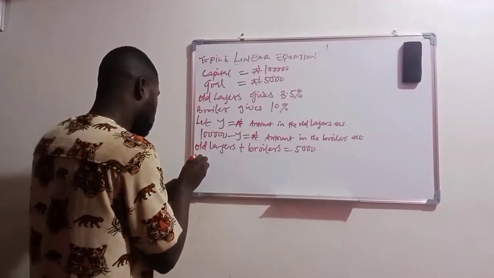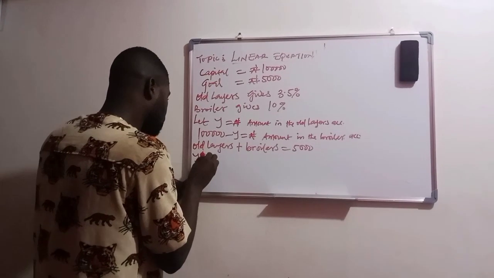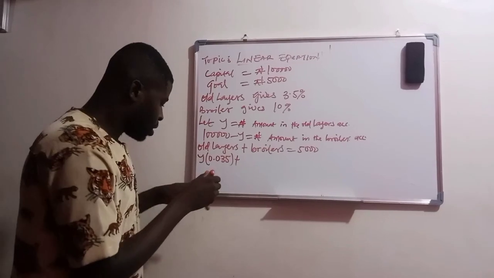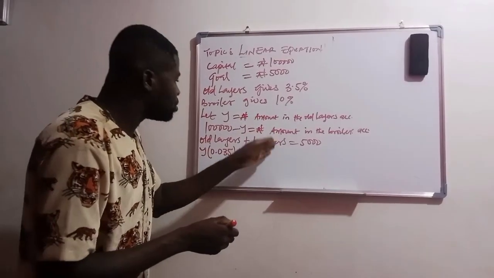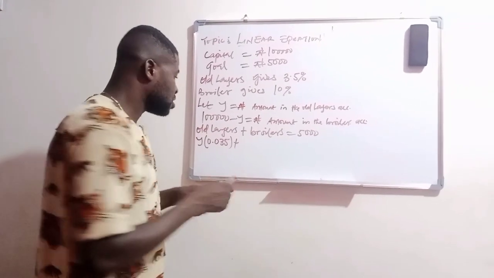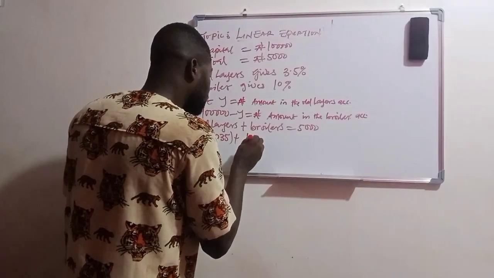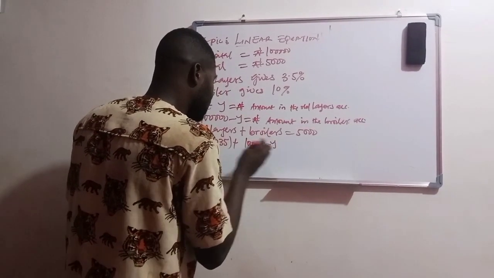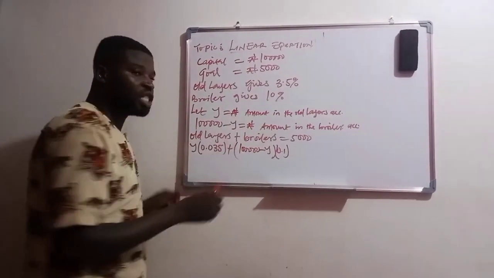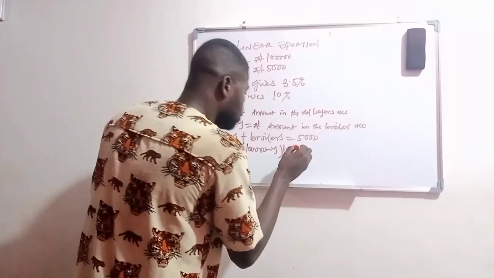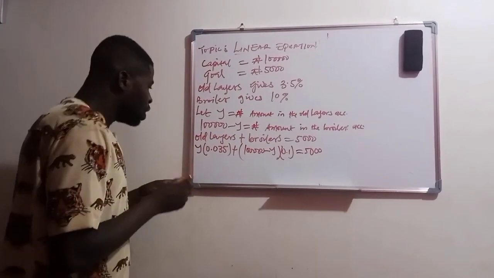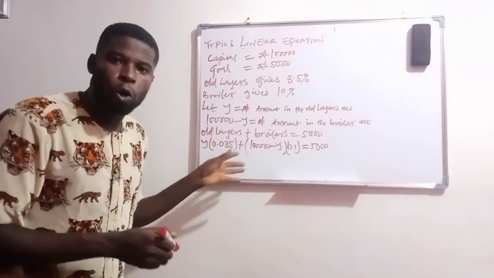It will now be y multiplied by 0.035 plus the amount set aside for broilers multiplied by the percentage of broilers, which is 100,000 minus y multiplied by 0.1, because 10% is equal to 0.1, which will give us 5,000. Now from this, we expand, we open the bracket.